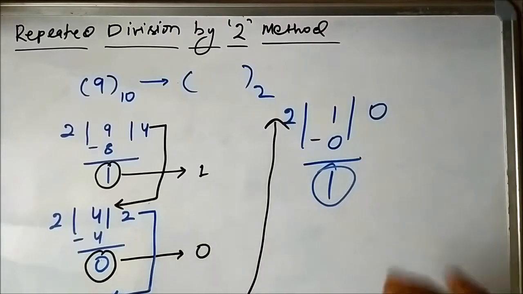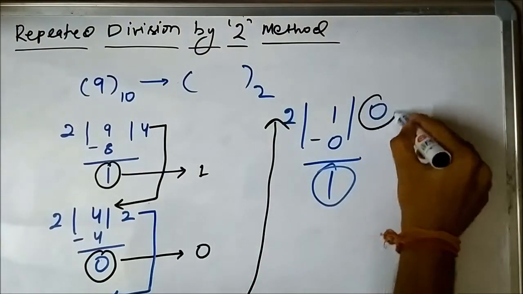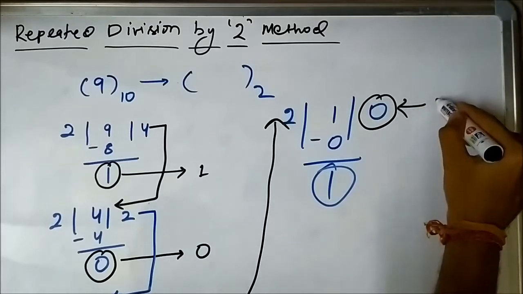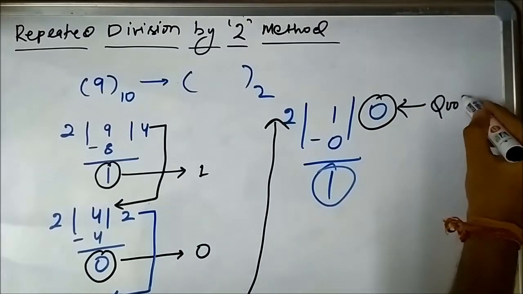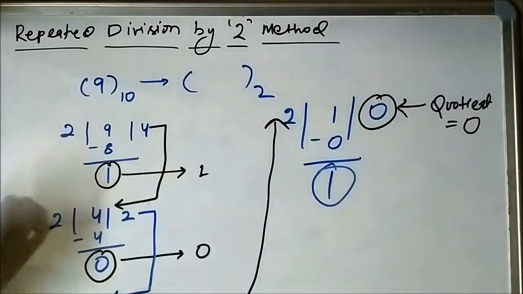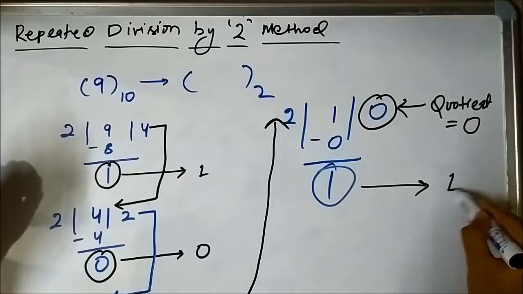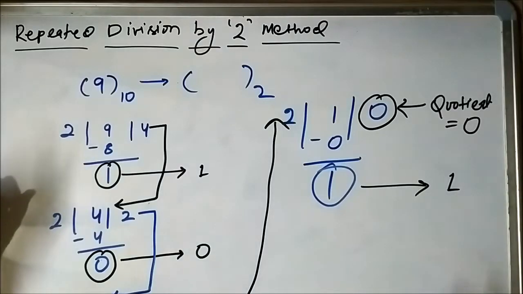So the concept here is that you have to proceed until the quotient becomes 0, and you have to note these remainders until that. Now this quotient has become 0.